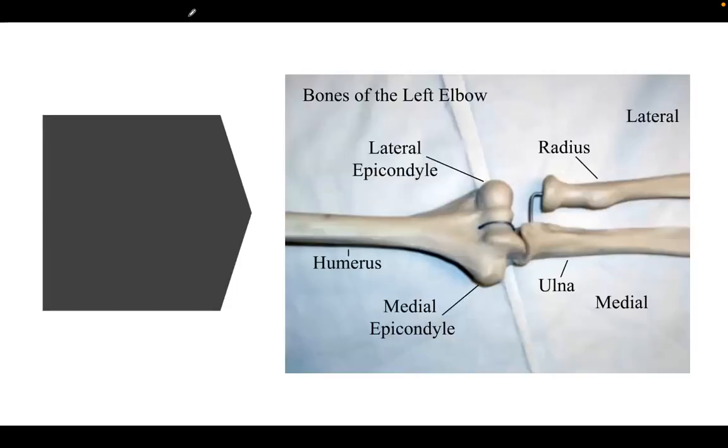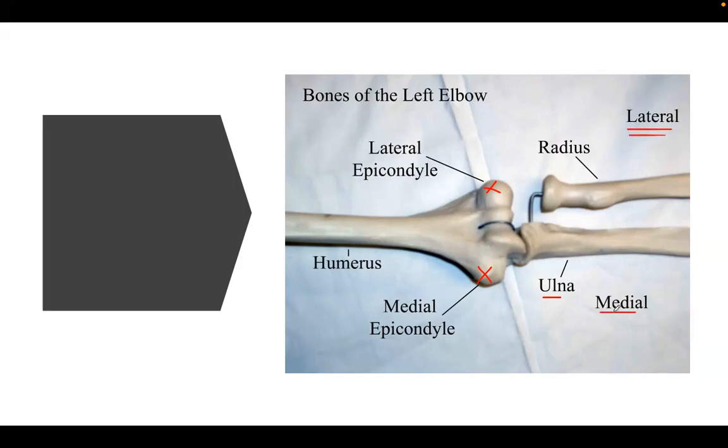Now, look at the bones of the elbow. Here's the lateral epicondyle. Let me put an X here. Here's the medial epicondyle. Let me put an X there. Here's the radius, articulating with the lateral epicondyle. Here's the ulna, articulating with the medial epicondyle. Always remember the radius is lateral.